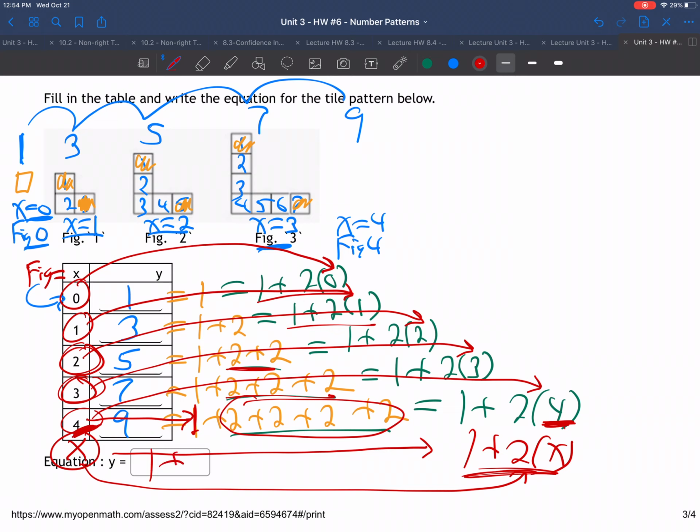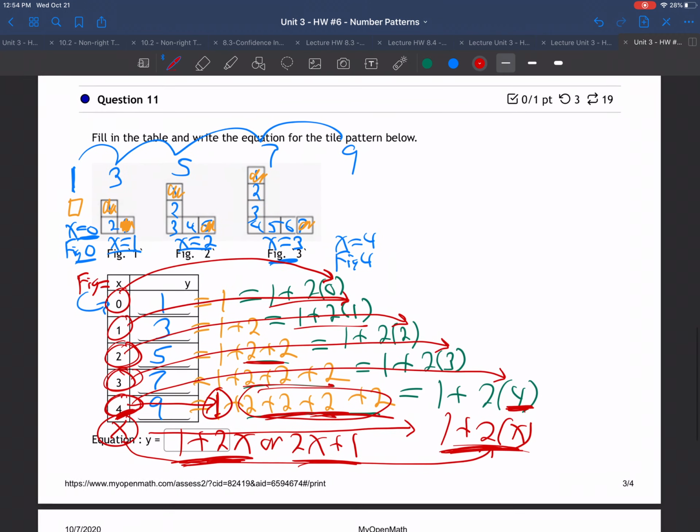So there's the formula, 1 plus 2x. Or you could write it 2x plus 1. It's the same thing either way. You know the order of adding doesn't matter. Does that make sense how we figured that out? We just looked at the pattern and said, oh, you're just starting with 1 and you're adding the number of 2's that matches your figure number. So it's 1 plus 2x. There we go.